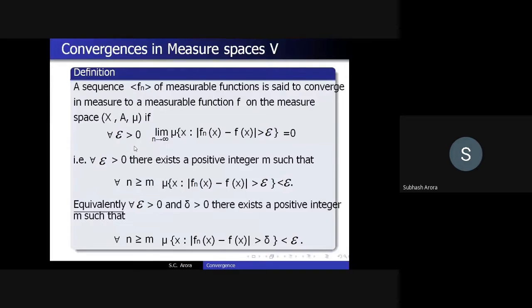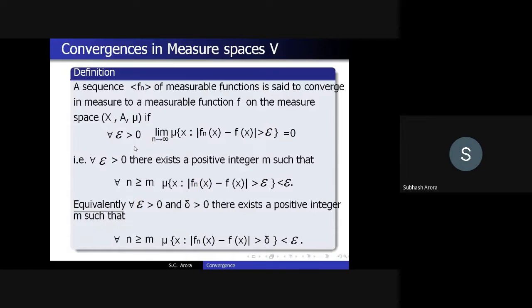That is, for every epsilon greater than 0, there exists a positive integer M such that for all n greater than or equal to M, mu of all those x such that |Fn(x) - f(x)| is greater than epsilon is less than epsilon.